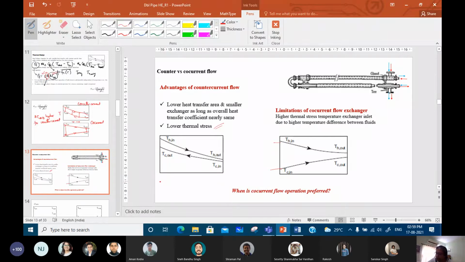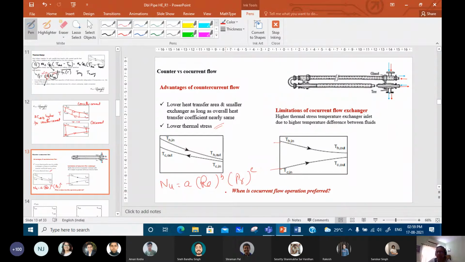The heat transfer coefficient, normally it is Nusselt number equals, say, some particular A times Reynolds number to the power B, times Prandtl number to the power C, say for instance. So if your mu is very high, what do you expect? Your heat transfer coefficient is going to be higher or lower?